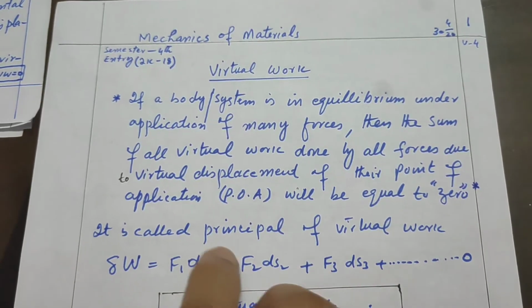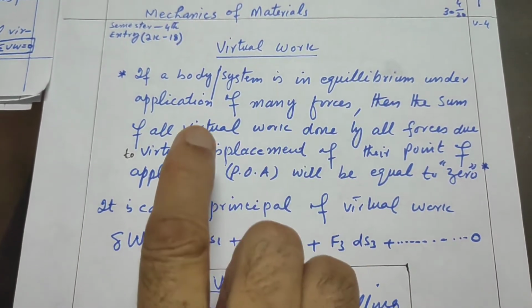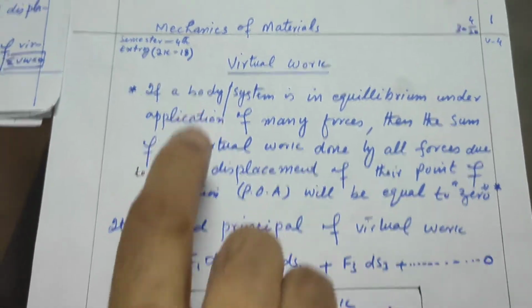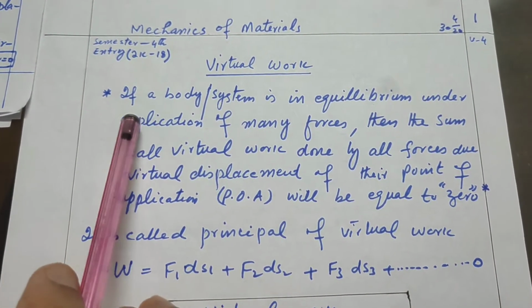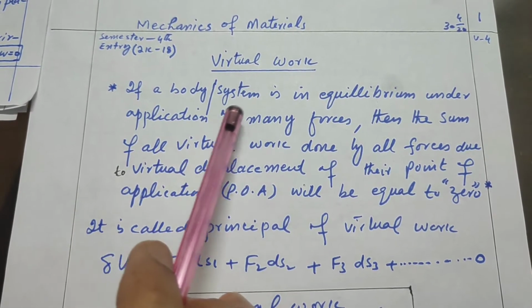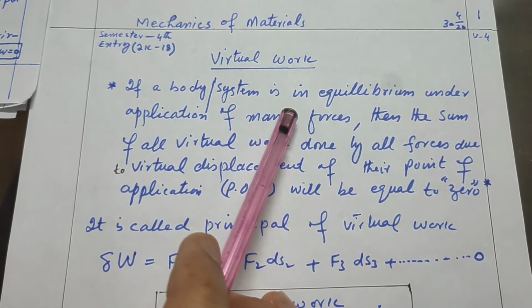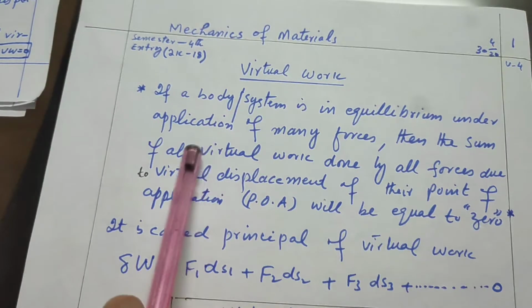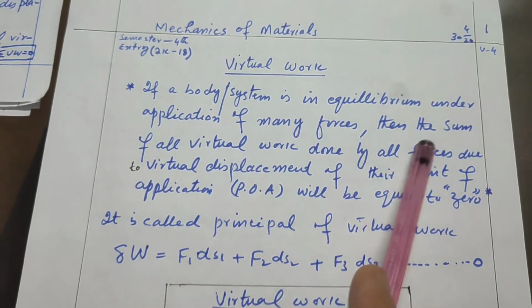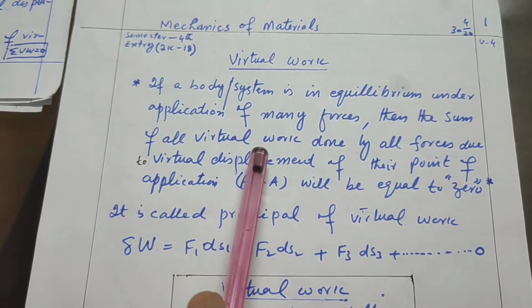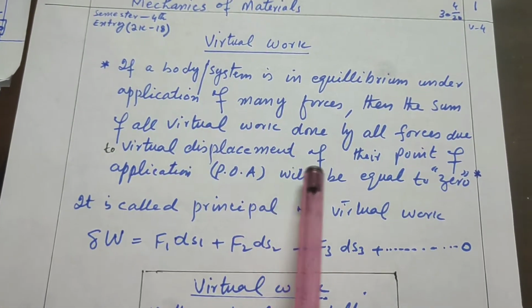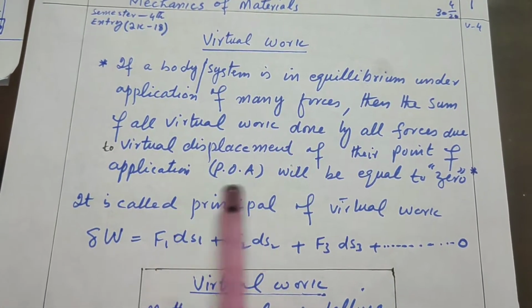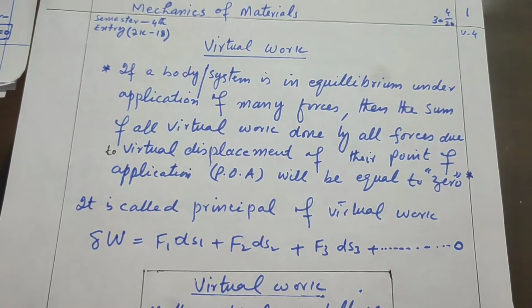So let's define virtual work once again here. Virtual work: if a body or system is in equilibrium under the application of many forces, then the sum of all virtual work done by all forces due to virtual displacement of their points of application will be equal to 0.